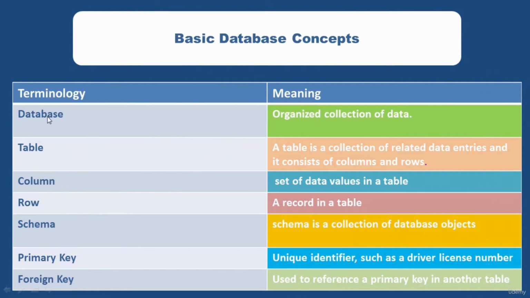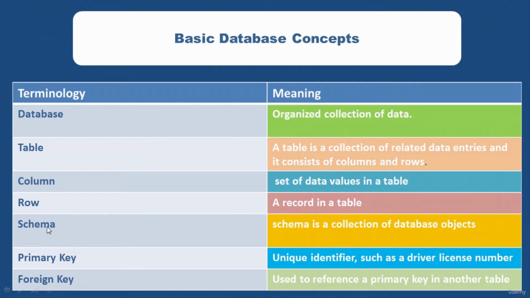So basically, this is how a table is structured in a database. You've got the columns going horizontal and the rows going vertically. Each row in a database table is referred to as a record.